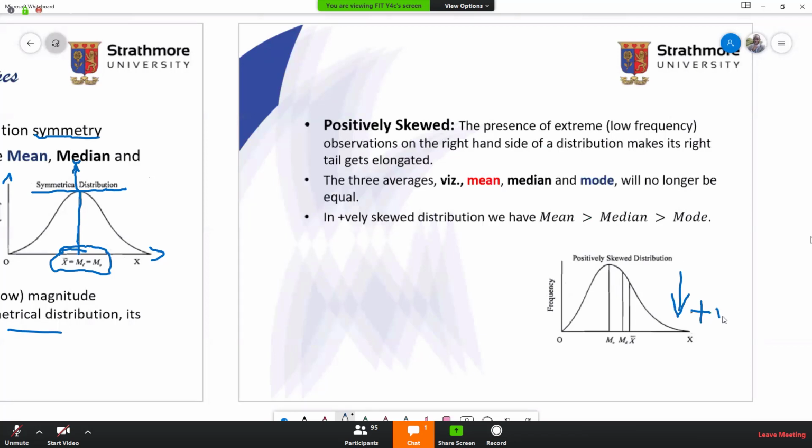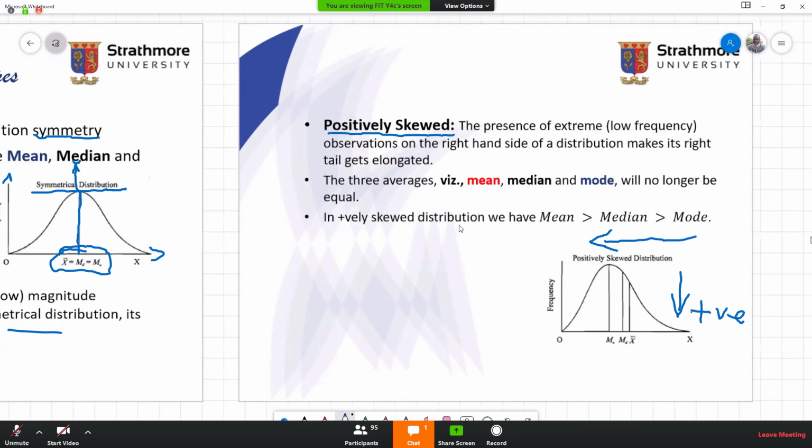In a positively skewed distribution, the graph tends to lie towards that direction. Here, the mean, median, and mode are not equal. The mean is greater than the median, which is greater than the mode.